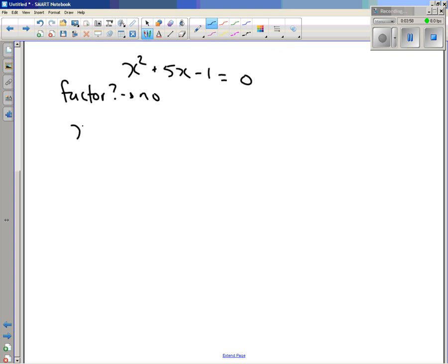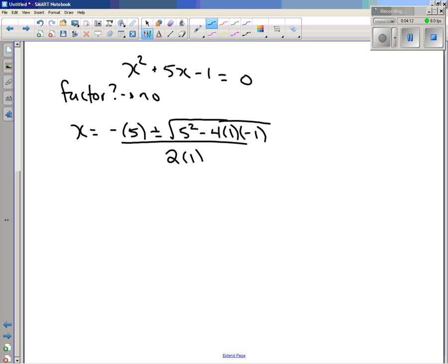We can say that x equals -5 plus or minus the square root of 5 squared minus 4 times 1 times -1, over 2 times 1. With a little bit of work, we can get that x equals -5 plus or minus the root of 29, divided by 2. From here, we're going to split that into two solutions.